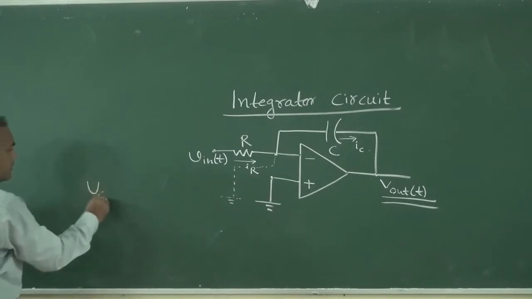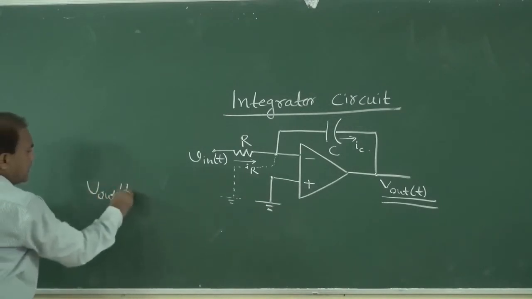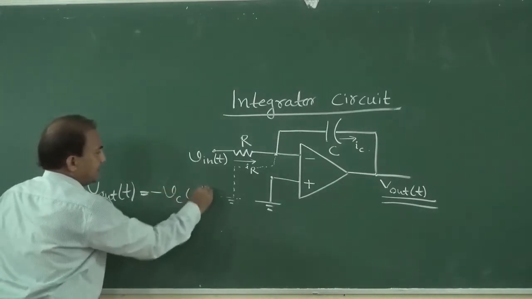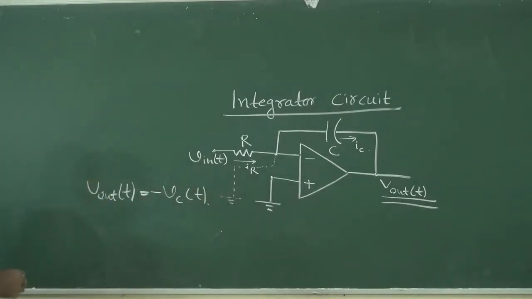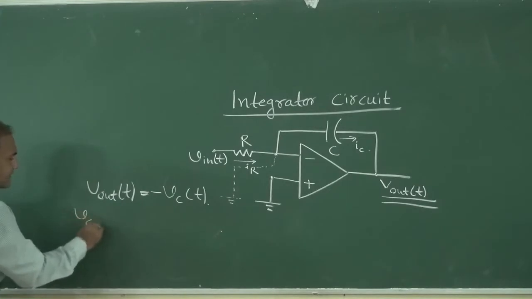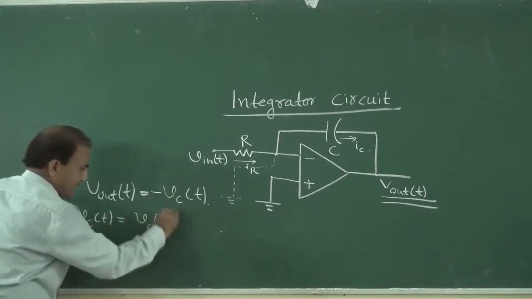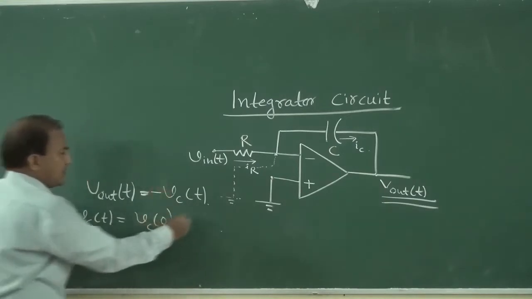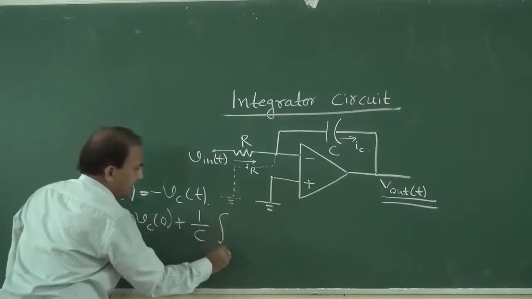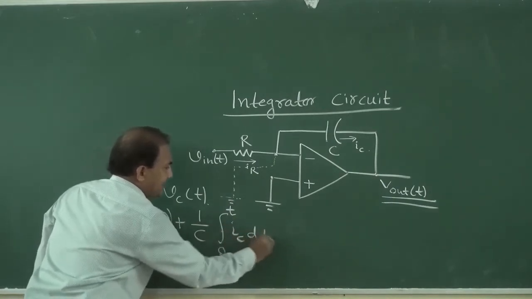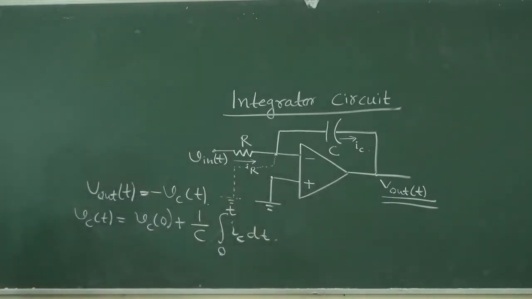V out is equal to minus VC of t. And how can we determine VC of t? VC of t is equal to VC at t equal to 0, plus 1 by C integral of 0 to t IC dt, by using this expression.